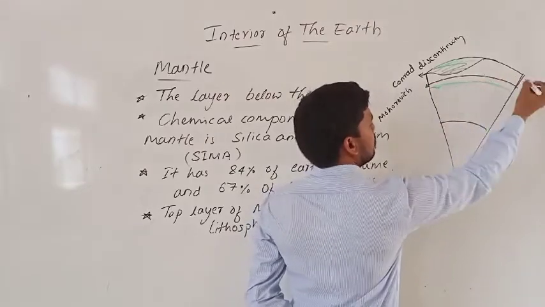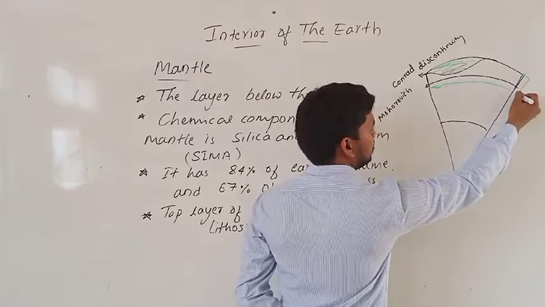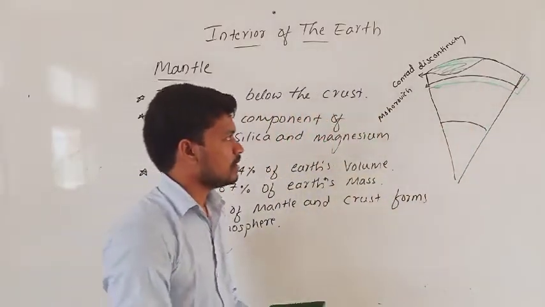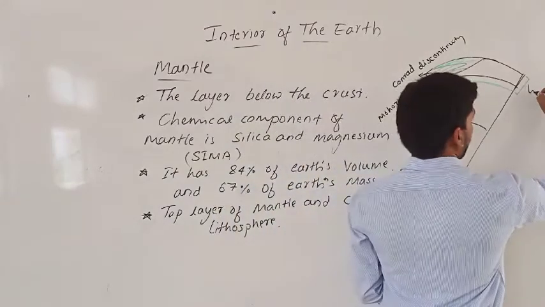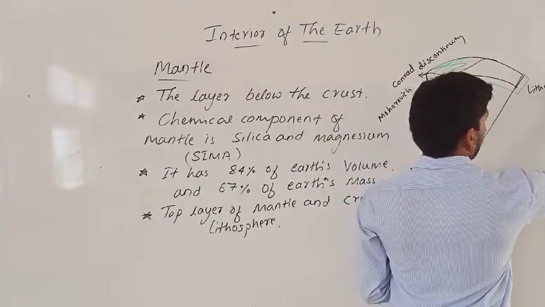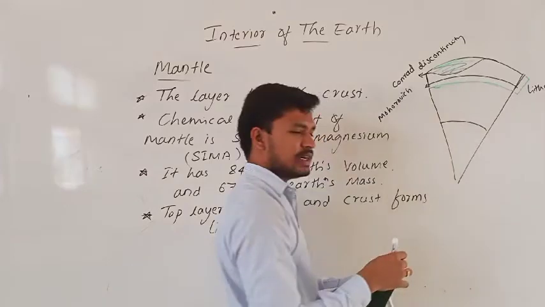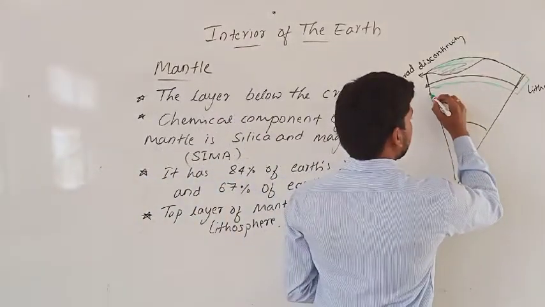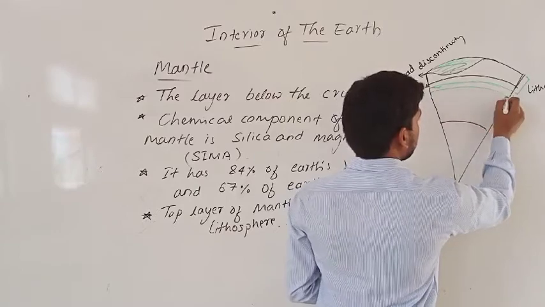The upper layer of the mantle and the crust, both together, are called the lithosphere. Below the lithosphere, again we have further division. The mantle is divided into so many layers.